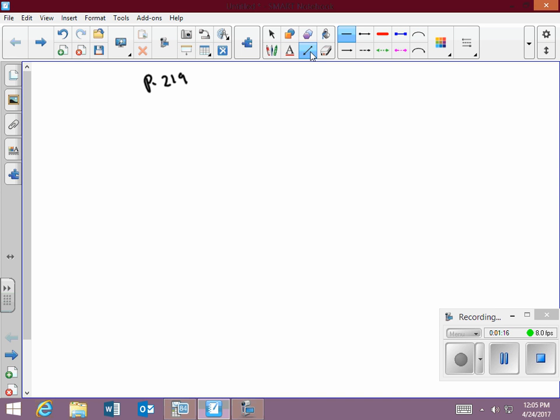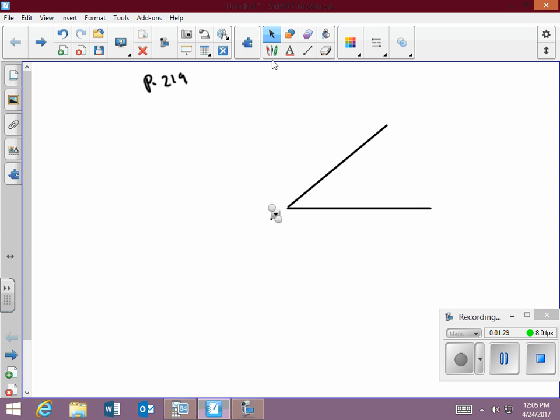So if you have any angle there, and we'll just list it as angle A, this is what you would do. I'm going to use the red to show that we're laying out a compass.